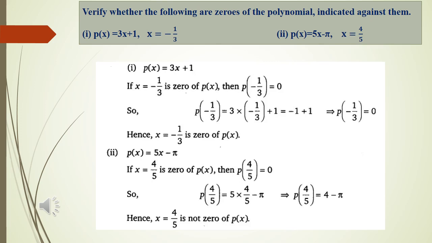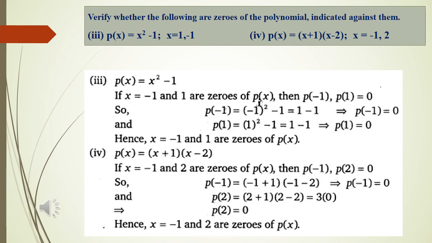When 5 is multiplied by 4 upon 5, we get the answer 4. So 5 multiplied by 4 upon 5 minus pi results in 4 minus pi. Here the result is not 0. So we can say that 4 upon 5 is not 0 of the given polynomial.